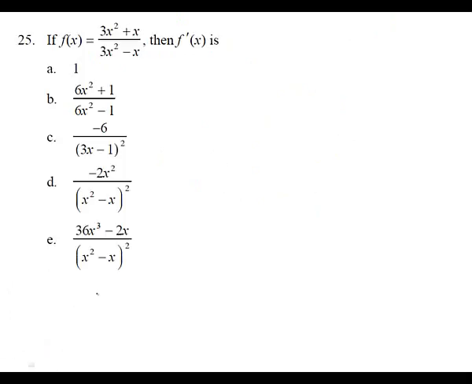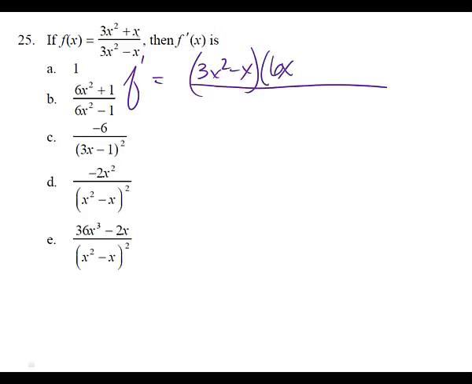All right, so what rule am I going to need? I've got division. Quotient rule. So we got to do low d high, right? So f prime equals, so low is 3x squared minus x. The derivative of the high. So what's the derivative of 3x squared? Good. And the derivative of x is 1.